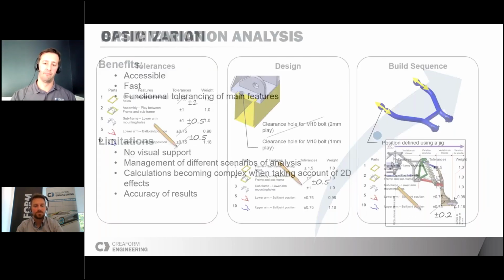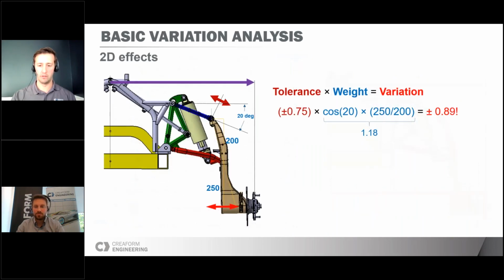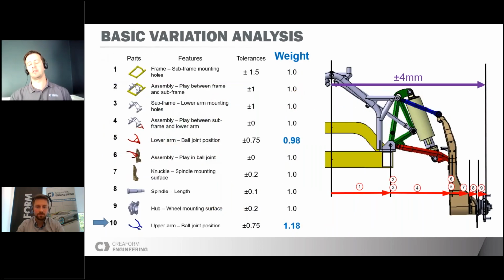That's a really good question, and I'll just go back to this table. So you have the weight factors, but for me, those weight factors are really related to what kind of assembly you want on your manufacturing line. If you know that the operators have time on the assembly side to adjust, let's say, the upper arm, and this kind of manufacturing line exists a lot, you won't consider the weight because the operator can adjust it where he wants.